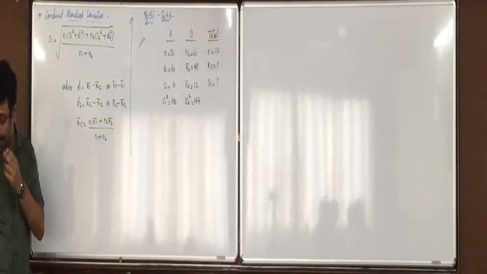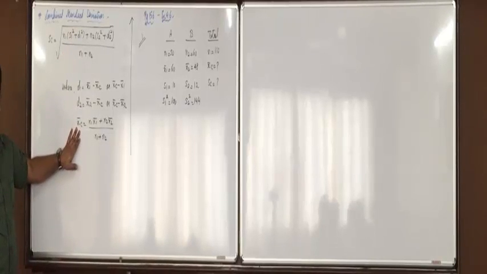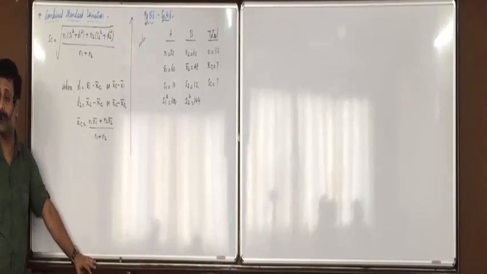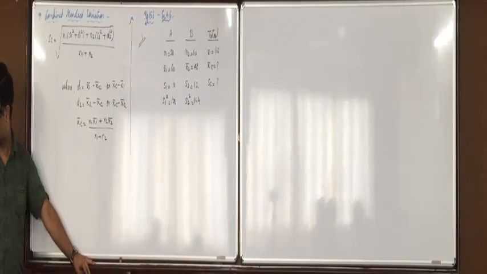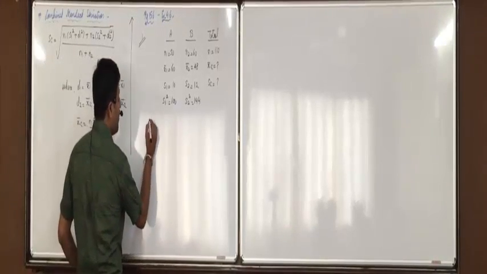Understood this? Now reverse order means first we'll find the combined mean. Raise your hand who is still writing up till here. Completed? Now first we'll find the combined mean.